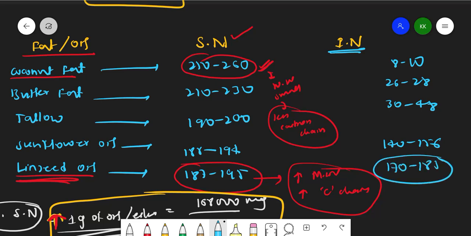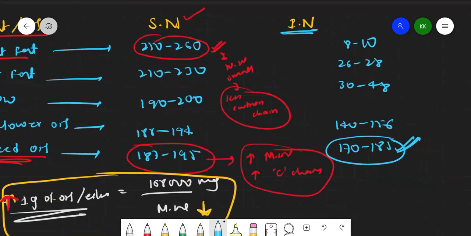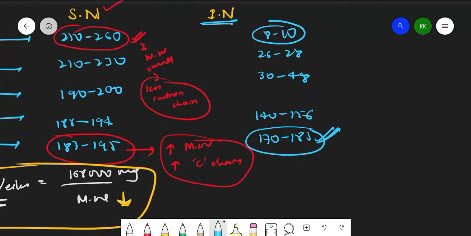So linseed oil has more unsaturation, because of which its iodine value is more, whereas coconut oil has 8 to 10, which means very little unsaturation, so its iodine value is less. Like that you remember.